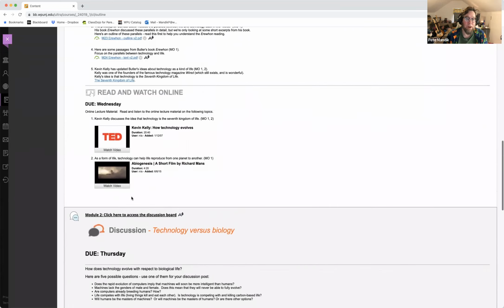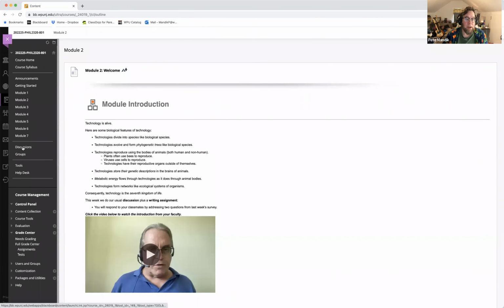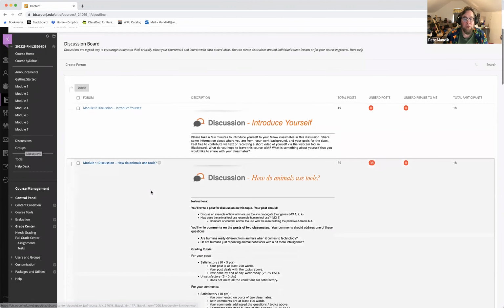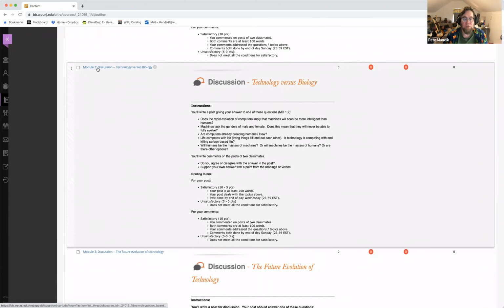Just like last time for module 1, you go over here on the left side and click on the discussions link. Now you can see all the discussions. Then we scroll down to discussion 2, and this is the full set of instructions. If you read those instructions, you'll see that just like last week, there are 2 components to this discussion assignment.